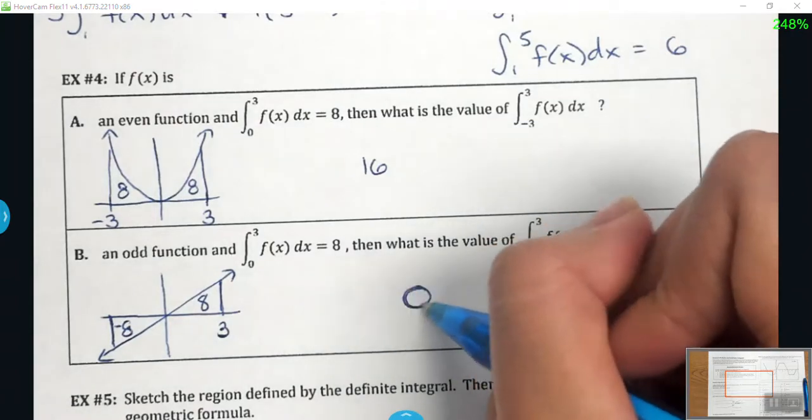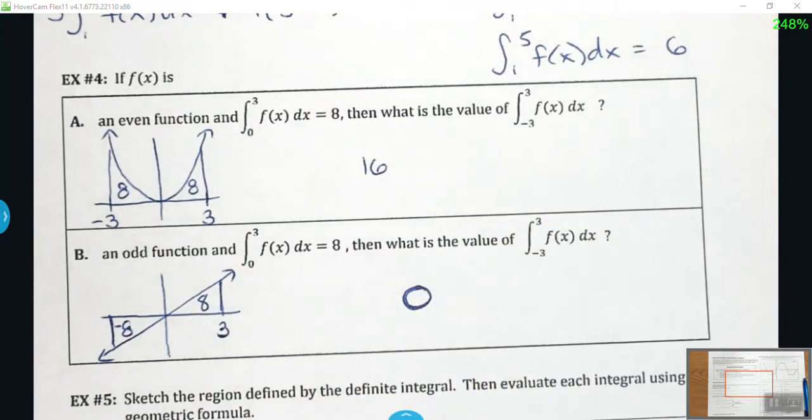So odd functions over the origin, going the same distance both ways, will go to 0. Even functions will double. Y equals 1 is even. Y equals x plus 1 is neither even nor odd.